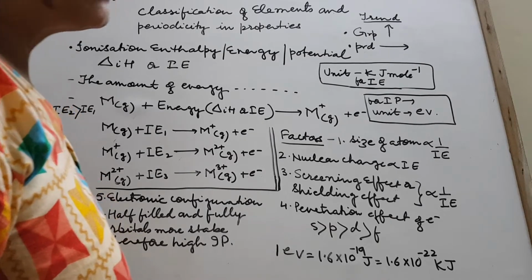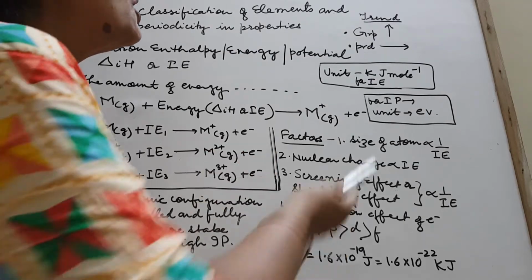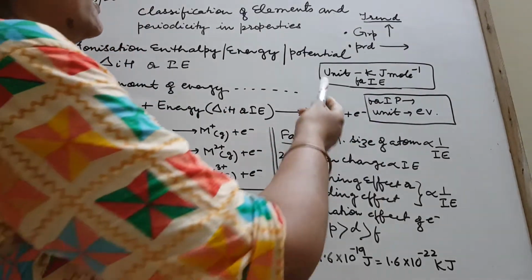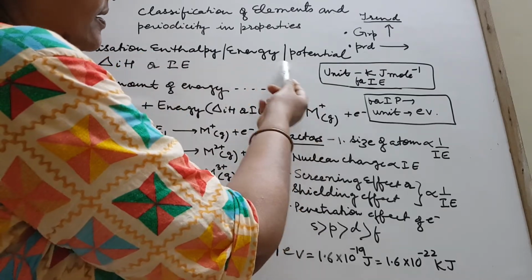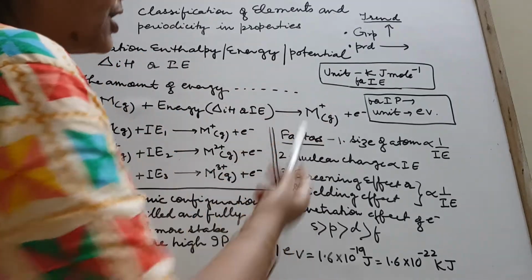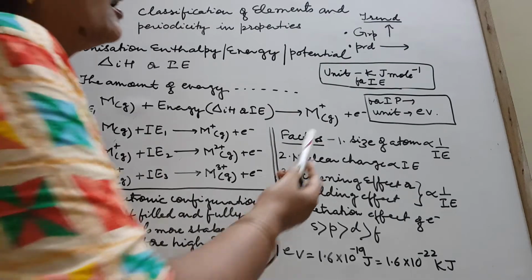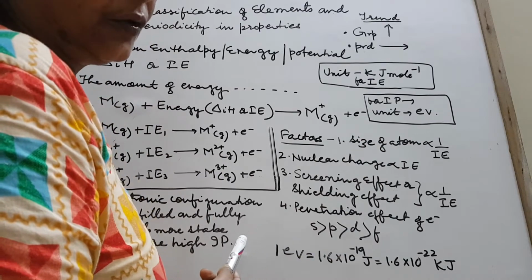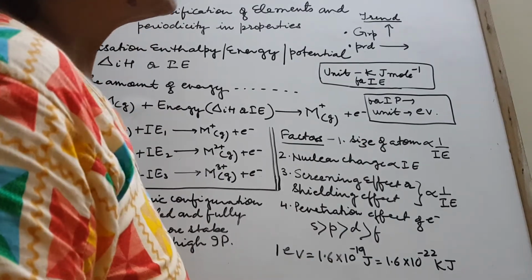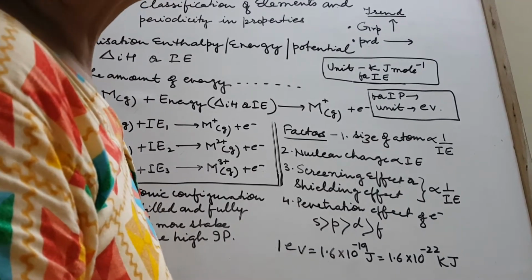Then comes what will be its unit? Ultimately it's energy, so kilojoule per mole. That is for IE, which is ionization enthalpy or ionization energy. If it is for IP, children, normally it is expressed in terms of electron volt. Actually, truly speaking, what is IP?